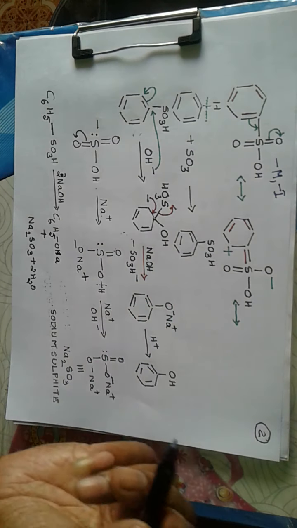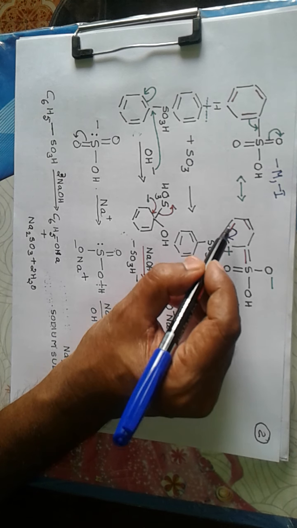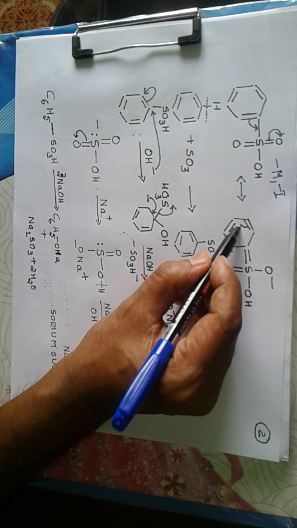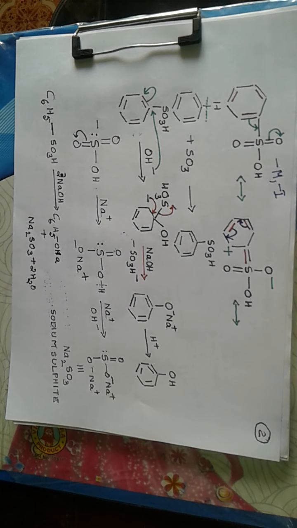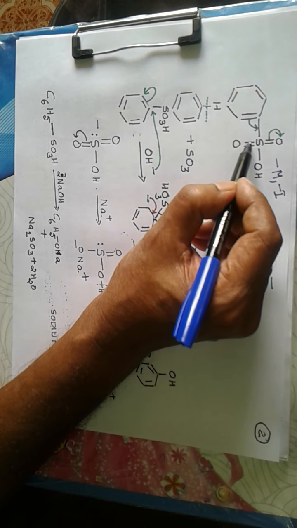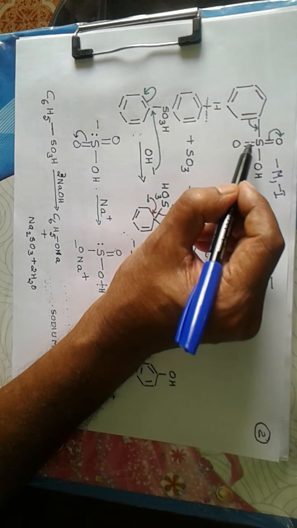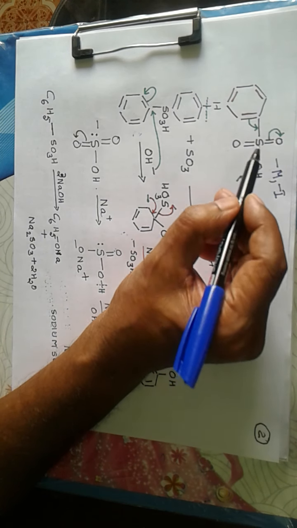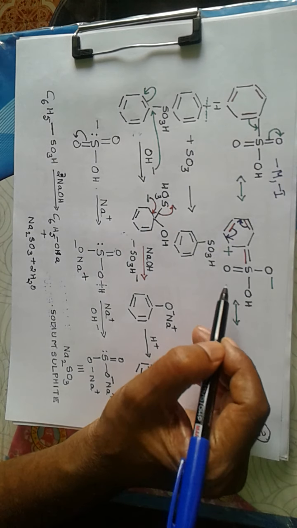And again we can draw more canonical structures. By shift of this bond we get positive charge here, by shift of this bond we get positive charge here, and again this pi bond shift can also result in the ionization of this SO pi bond. So the oxygen atom here or oxygen atom here can carry the negative charge.